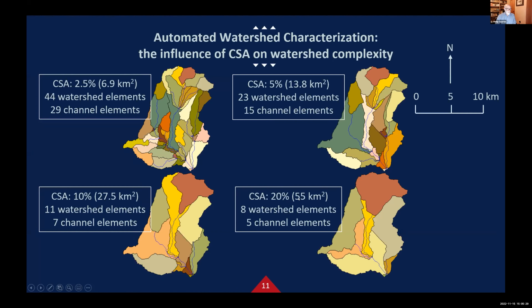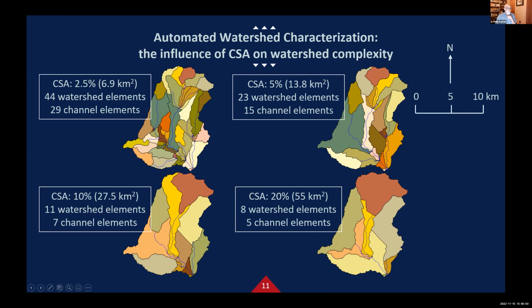In other words, every subunit, or sub-watershed, would be 55 square kilometers in size compared to 6.9 square kilometers, and you only have 8 watershed elements and 5 channel elements.